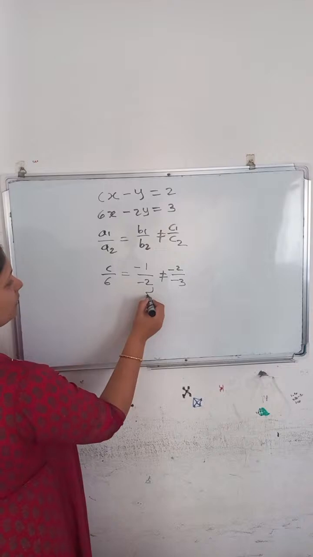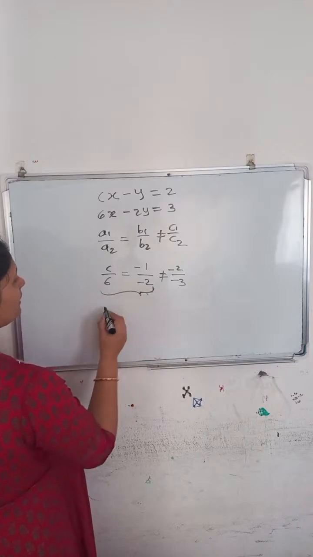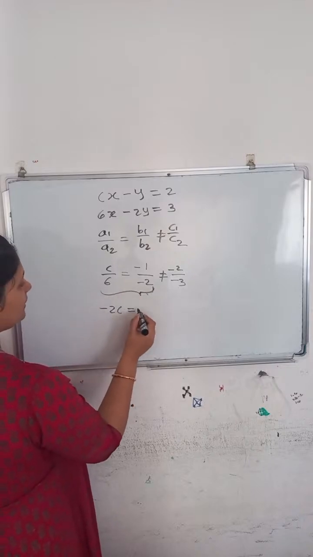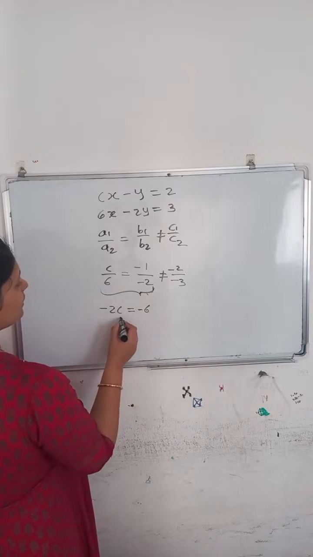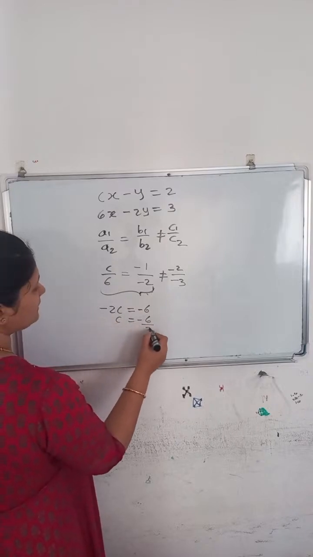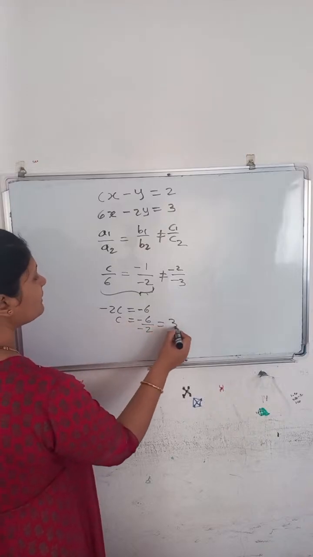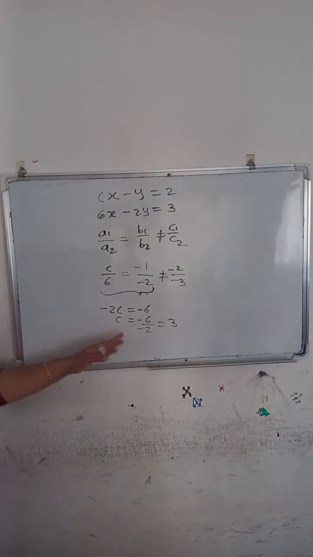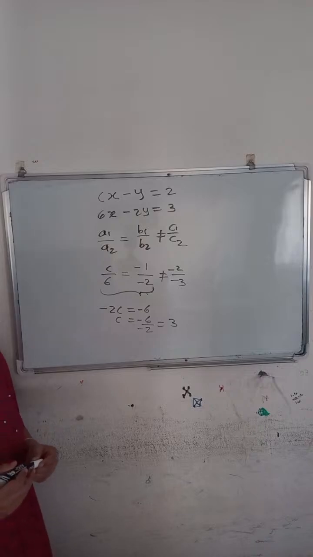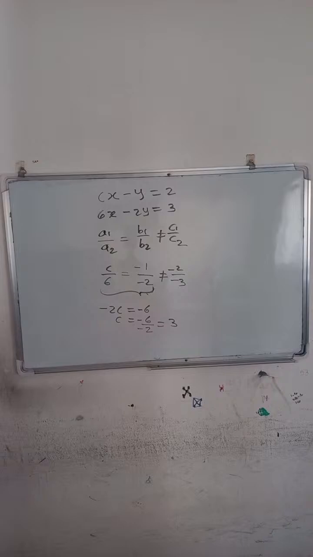So I will take only this part. Minus 2 into c is equal to minus 6. So c is equal to minus 6 by 2, that is minus 2, which gives the value as 3. The minuses cancel and 2 threes are 6. So option A is the correct option. I hope you all are getting it. Tick mark the option A.